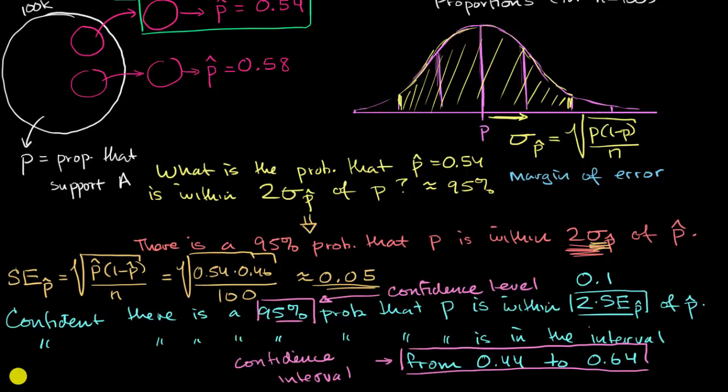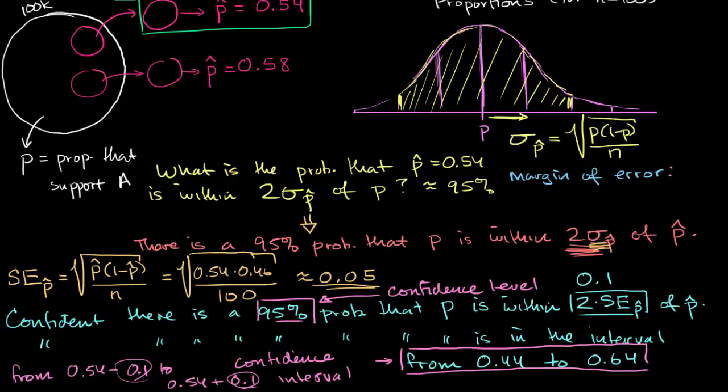If the interval itself is from 0.54 minus 2 times our standard error, 0.1, to 0.54 plus 2 times our standard error, which is 0.1, then the thing that we are going above and below our actual estimate, that is our margin of error.